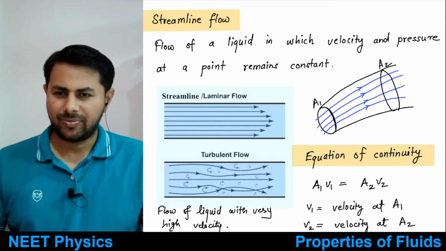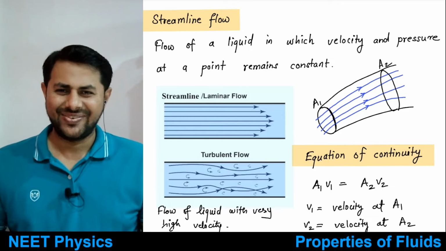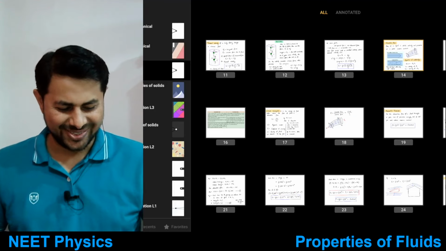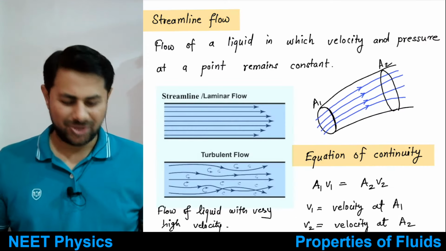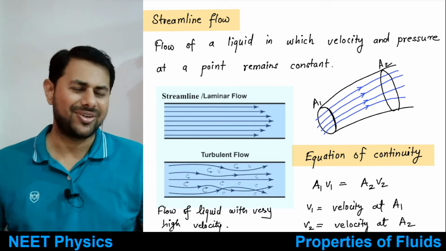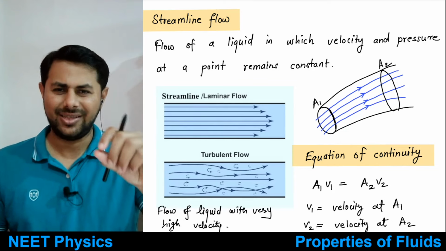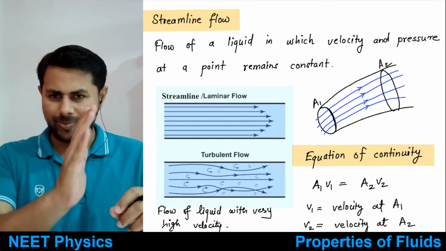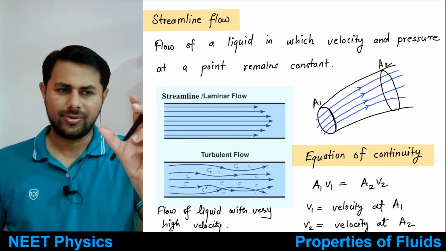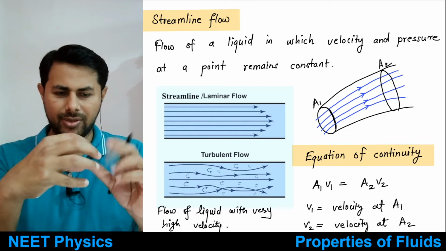So one example of that can be a shower, which is very important in this season. In the case of a shower, what happens? Water moves through the pipe, which has some area, and then it comes to the shower.